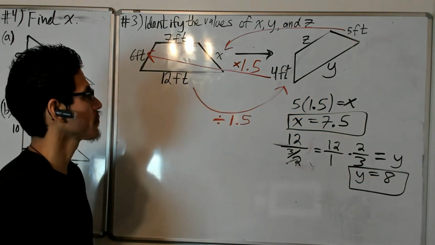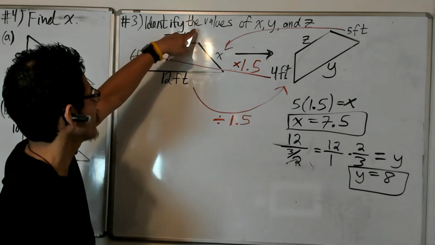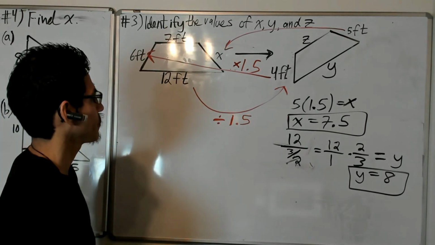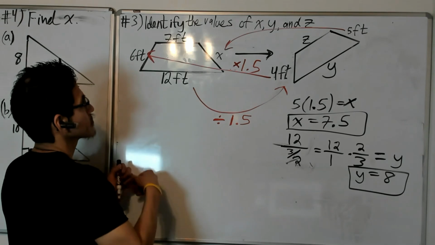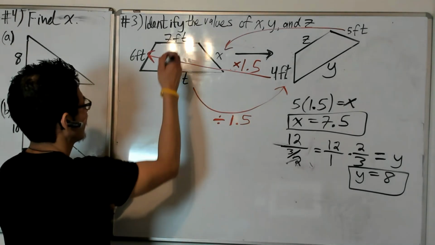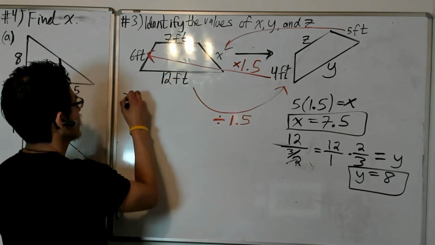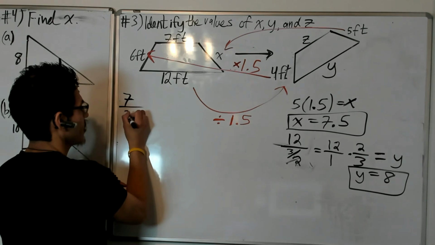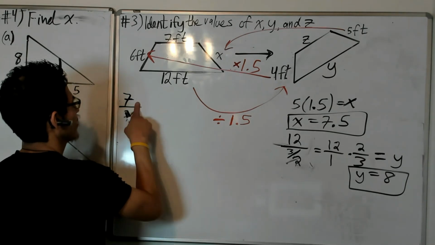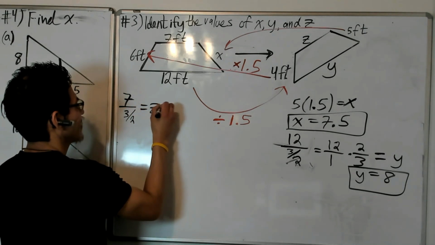All right. And now we just got to do the 7. Let's divide the 7 by 3/2, or multiply it by 2/3. So we'll get 7 divided by 3/2. That's going to equal z.